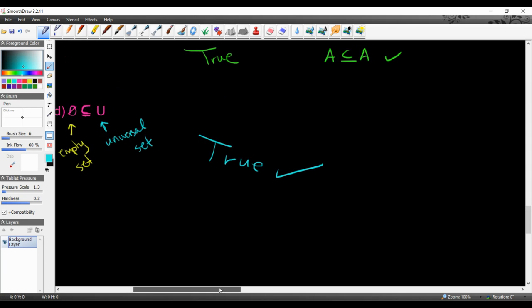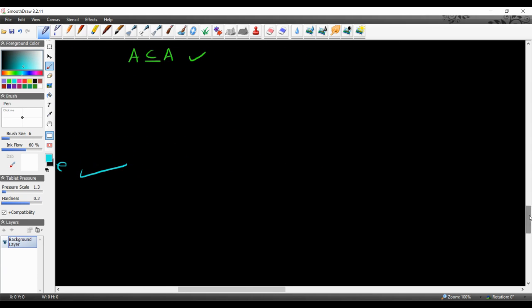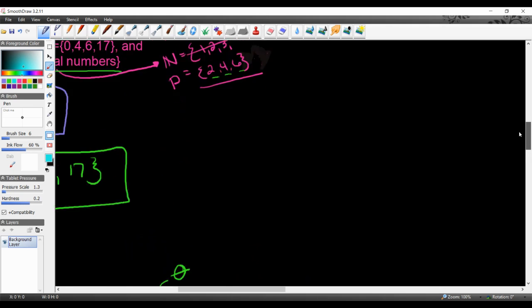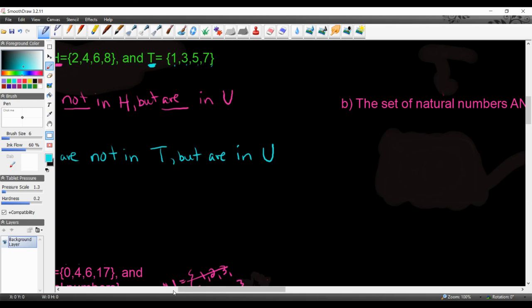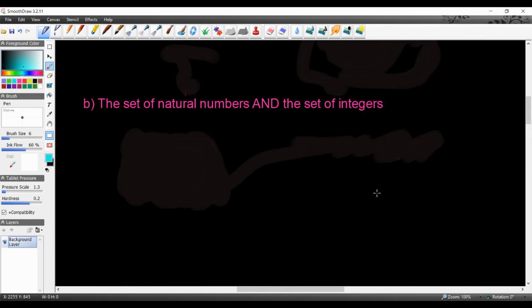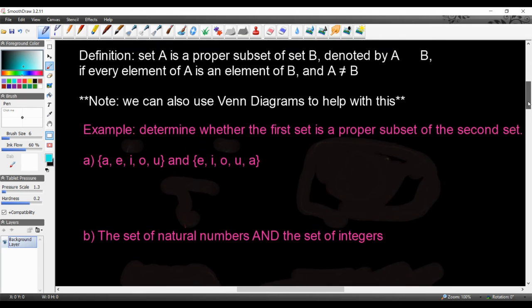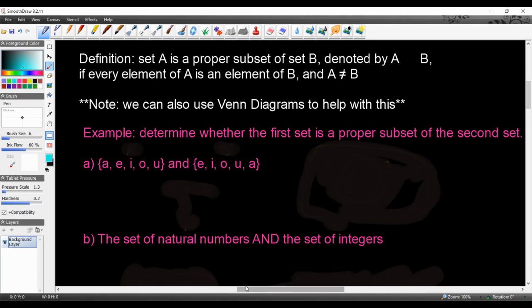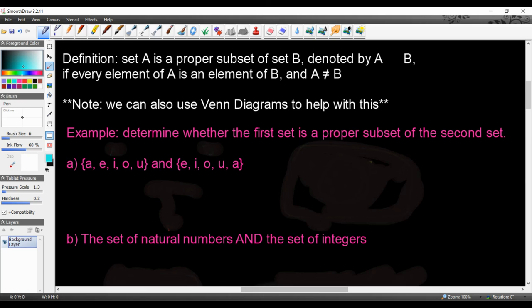So we just have one more thing to cover, and then we will be done with these notes. All right, so last definition for section 2.2.